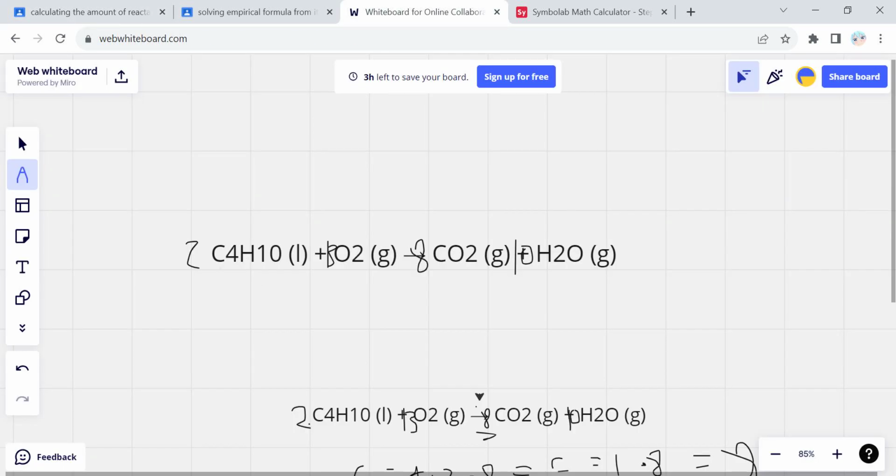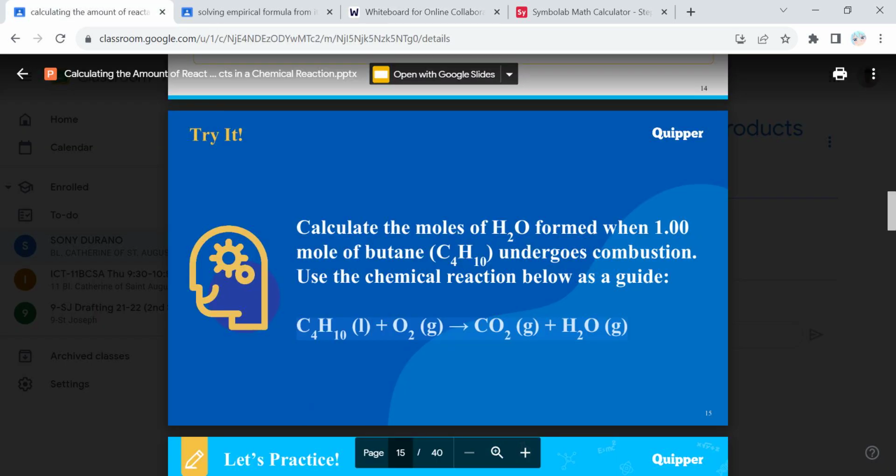Now, if 2 moles of C4H10 gives us 10 moles of H2O, that would mean that 1 mole of C4H10 would give us 5 moles of H2O. And so the answer is 5 moles of H2O.